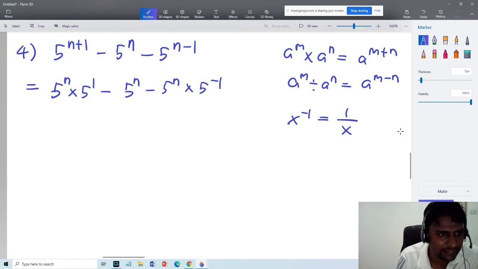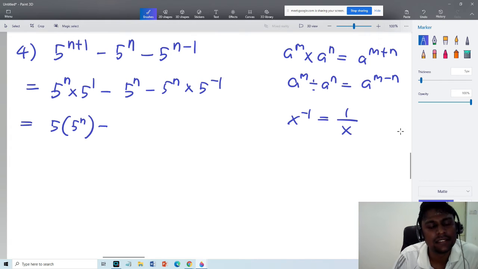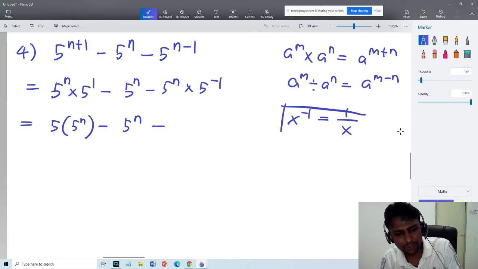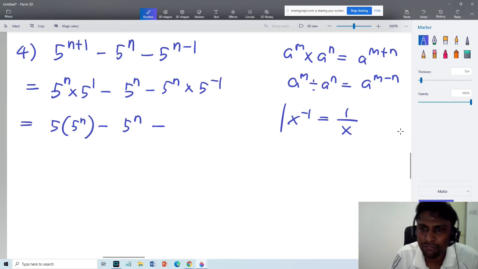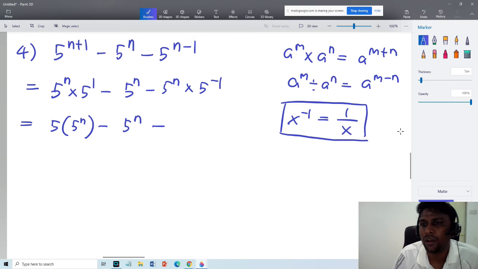Okay, what is next? Next, 5 power of 1 becomes 5. So 5 times 5^n minus, and then 5^n minus. Okay, how are you going to write this? Remember I told you, anything power of -1, we can write that as 1 over x.